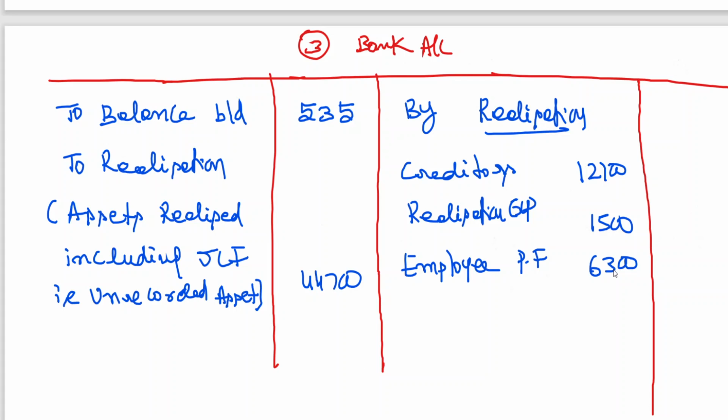So 12,100 plus 1,500 plus 6,300 is coming to 19,900. Okay. Then this is completed so far. So the payments have been completed.